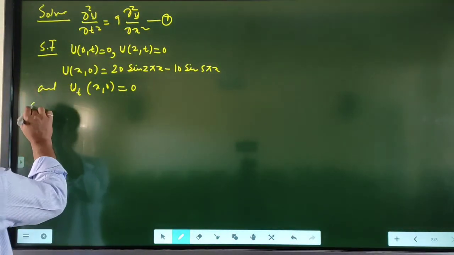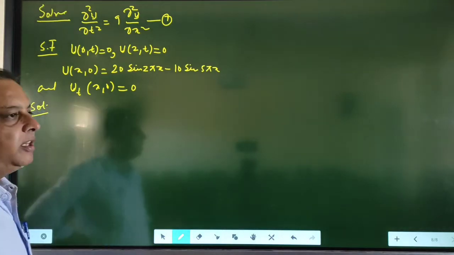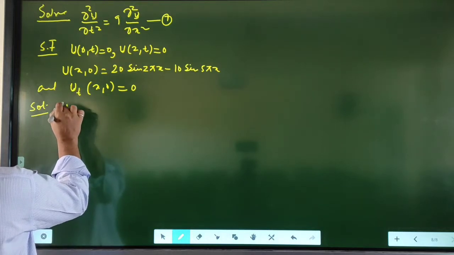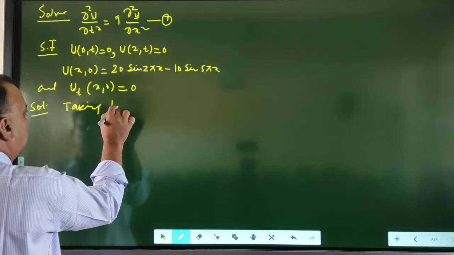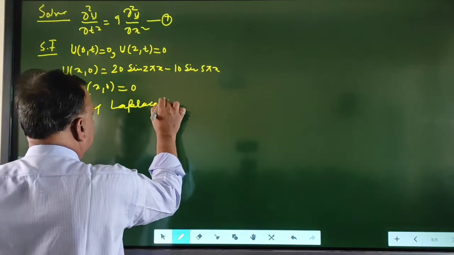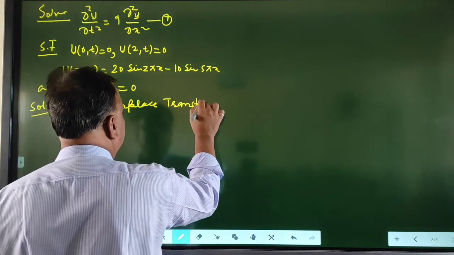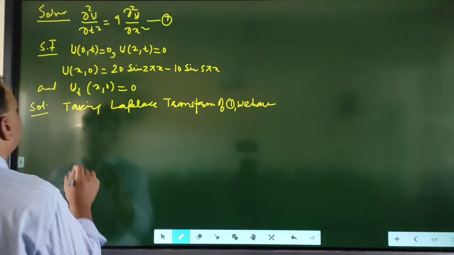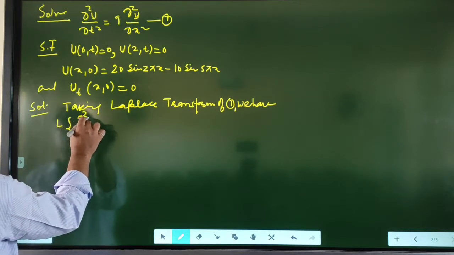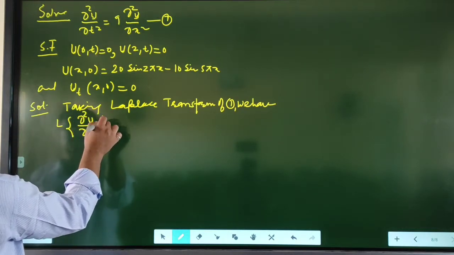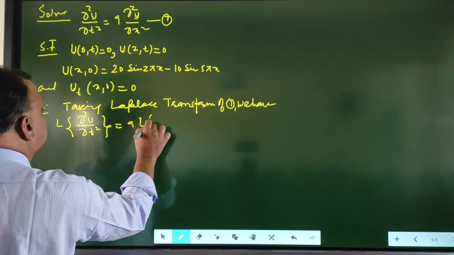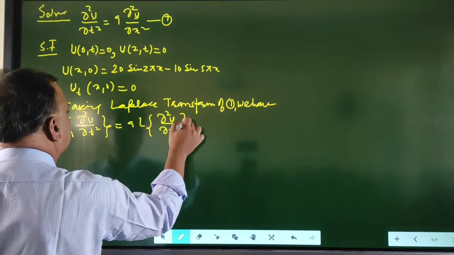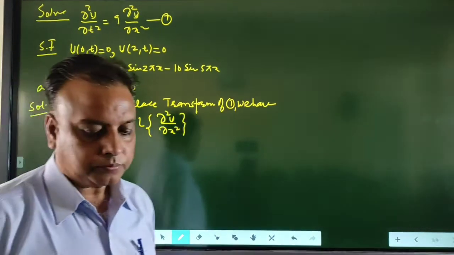So the solution of this problem starts with taking the Laplace transform of the given partial differential equation. So taking the Laplace transform of 1, we have the Laplace transformation of del 2u upon del t square is equal to 9 times the Laplace transformation of del 2u upon del x square.